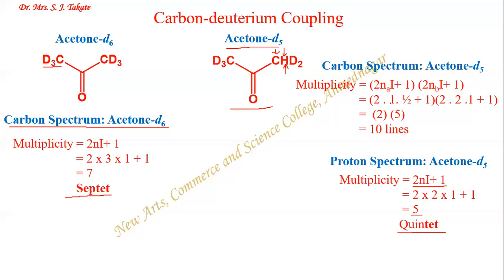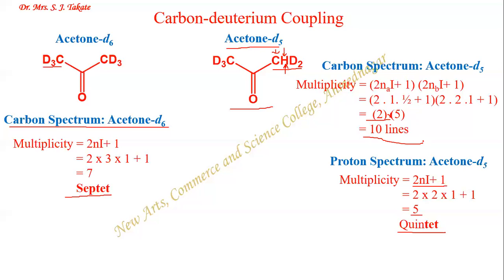So this is 2 into 1, one proton into half, the spin quantum number of proton, plus 1. So it becomes 2. And there are two deuteriums attached to the carbon atom. So 2 into 2 into 1 plus 1, it is 5. And 2 into 5 becomes 10. So this carbon atom in the C13 spectrum, not in the proton spectrum, shows 10 lines. So this means that proton and deuterium couple separately with the carbon atom.